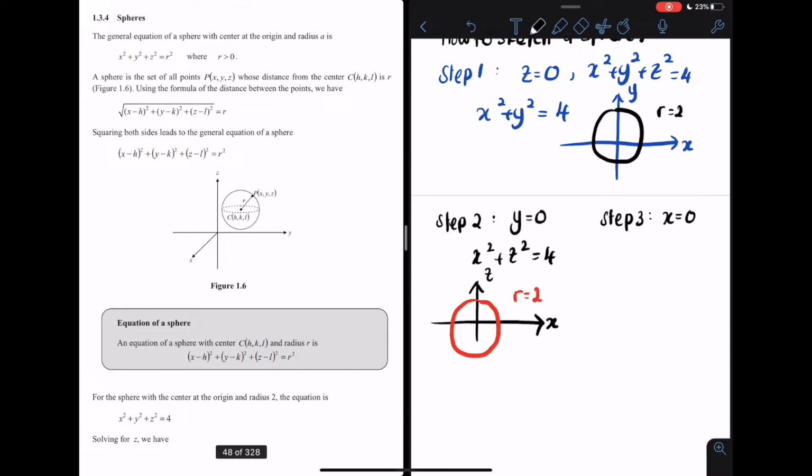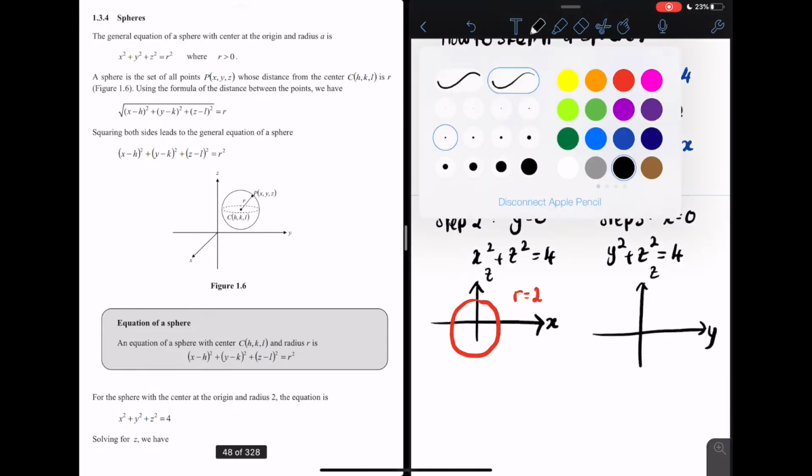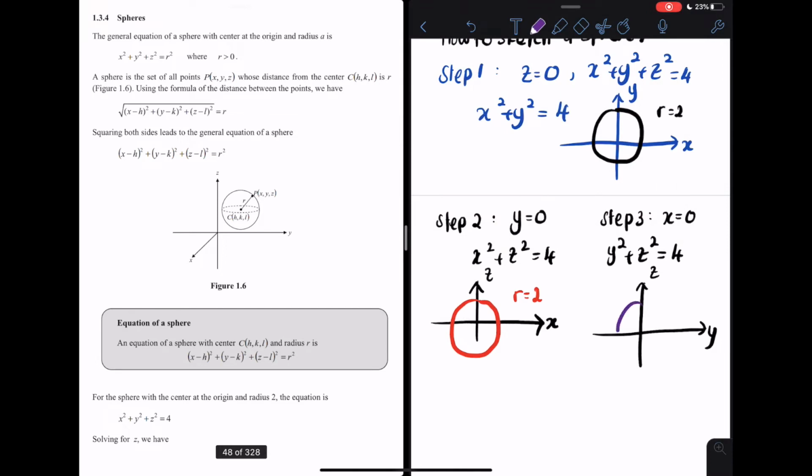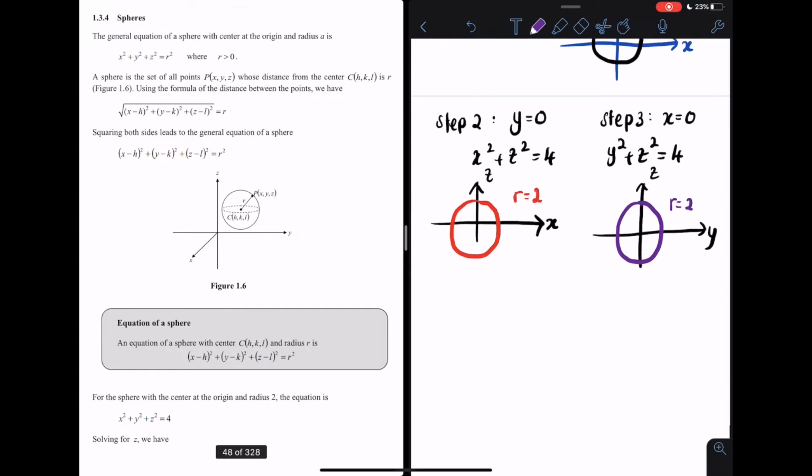Therefore, when you get the equation, you will get y squared plus z squared is equal to 4. Again, when you illustrate in 2D involving the z and y axes, you will end up with a circle having the same radius r equal to 2.